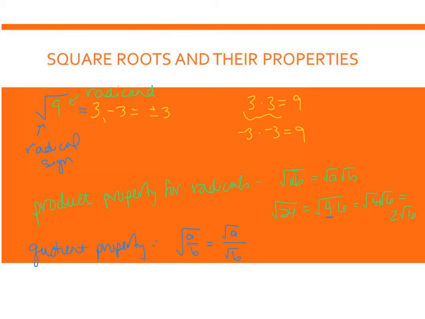So for instance, this makes square rooting fractions really easy. If you have the square root of 4/9, which 4/9 itself can't be reduced, this is the square root of 4 over the square root of 9, which is going to be 2/3. Alright, so we'll use these properties. So let's go on.